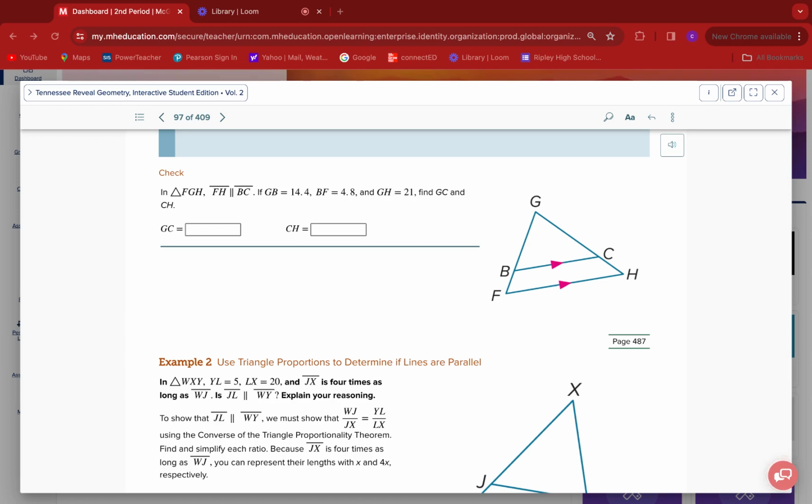So I'm going to multiply 19.2 times GC and 14.4 times 21. And then I'm going to divide by 19.2. So we're going to cross multiply here. So 19.2 times GC. One of these days I'm going to learn how to write smaller with this little sucker. And then 14.4 times 21, and that's going to be 302.4.